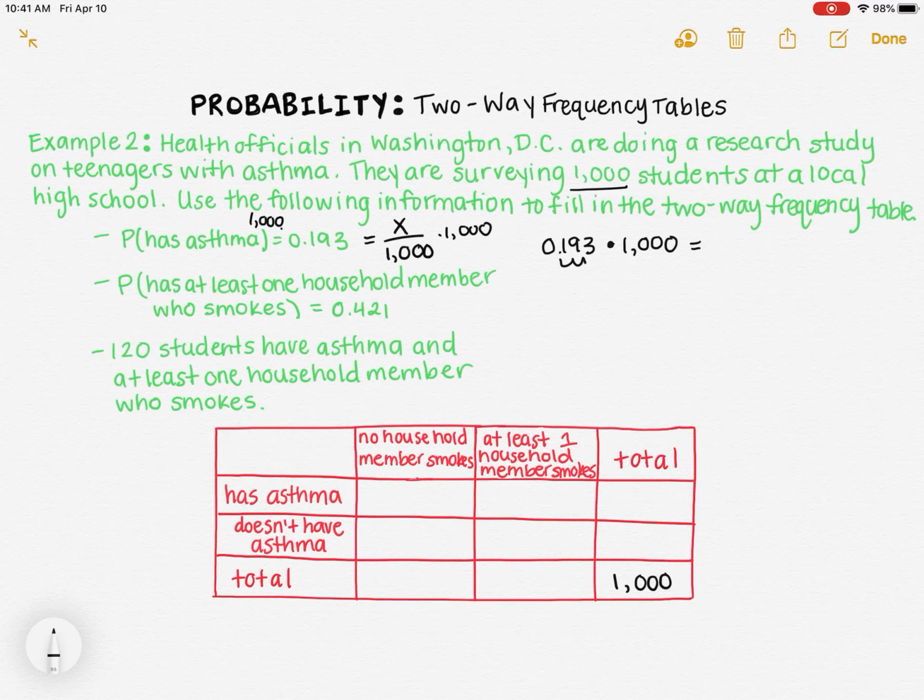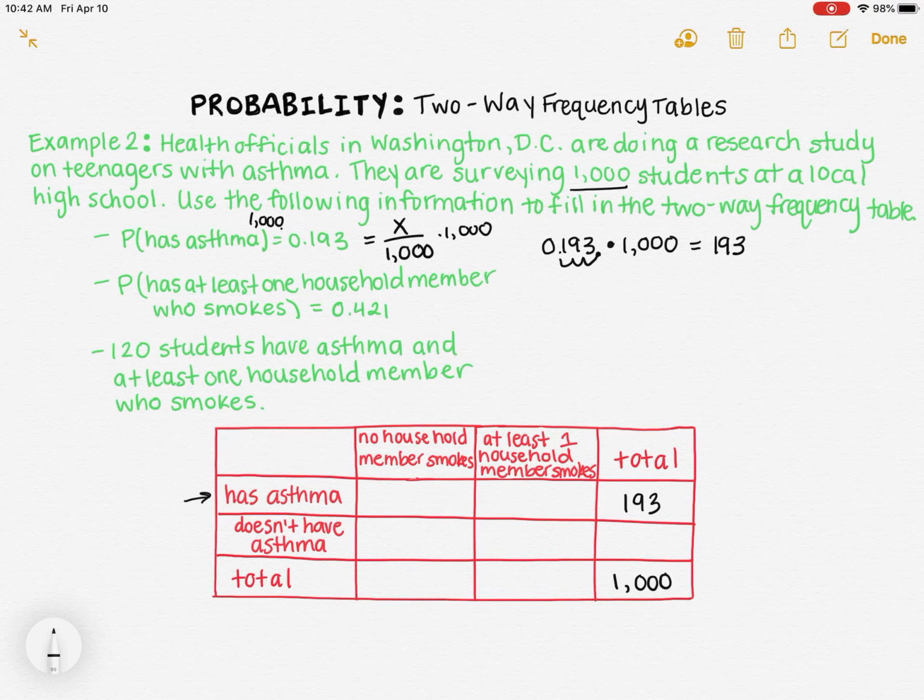So to do this quickly, I'm just going to move my decimal 3 places, and I get 193. I don't even need a calculator for that. So that means the number of students that had asthma had to be, so I'm looking at the has asthma row and going over to the total number of students, and I'm putting 193 in that box. Because remember, this is just talking about students that have asthma overall. Okay, so all I had to do was multiply the probability by my total, and that gives me the number that goes in the box.